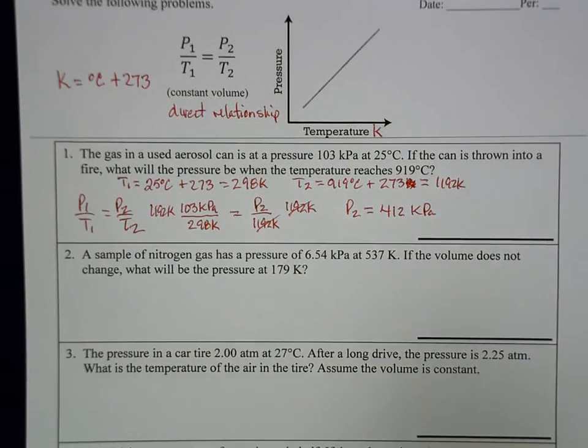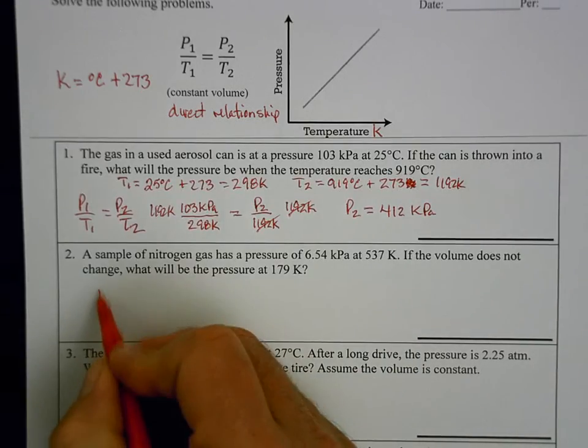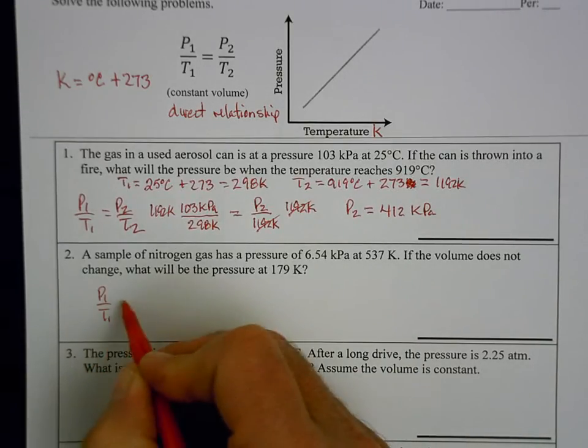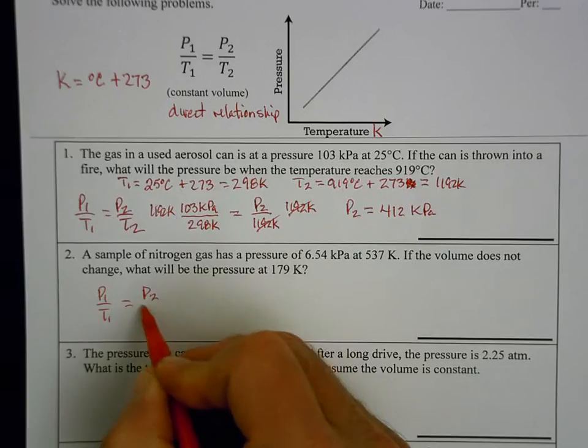All right, so let's look at number 2 where everything's already in Kelvin. So we don't have to change them. P1 over T1 equals P2 over T2.